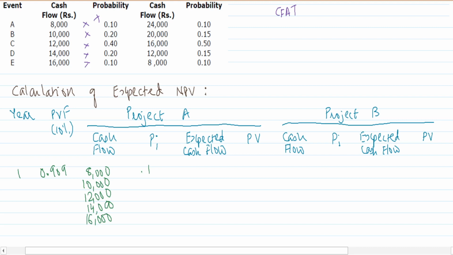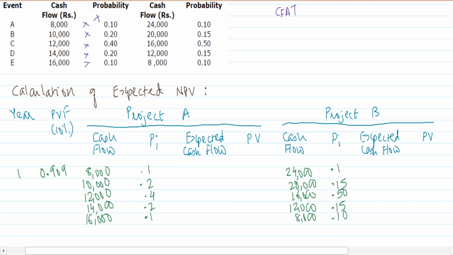Probability is 0.1, 0.2, 0.4, 0.2, 0.1. Similarly, for project B we have 24,000, 20,000, 16,000, 12,000, and 8,000. Probability is 0.1, 0.15, 0.50, again 0.15 and 0.10.